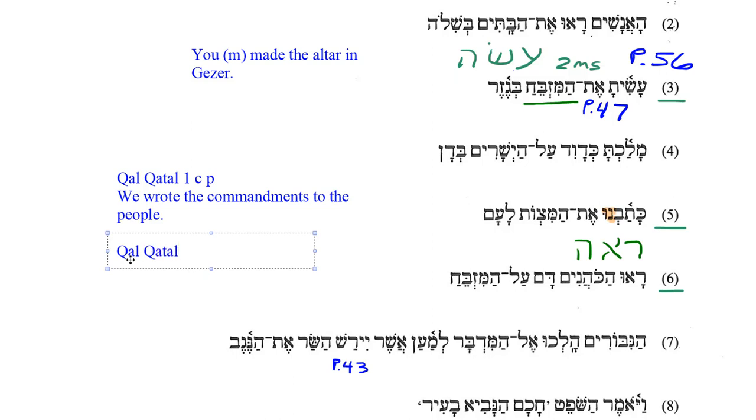And it's a qatal. And it is third common plural. And as I said, the root is ra'ah. Now we have ha-kohanim. So this is the priests. So kohen is priest, and kohanim, this is one of those cases where the first vowel doesn't reduce, so the second one does.